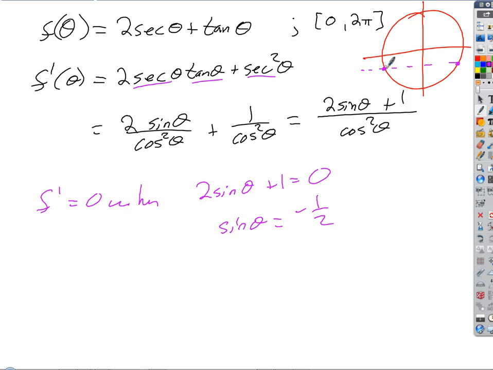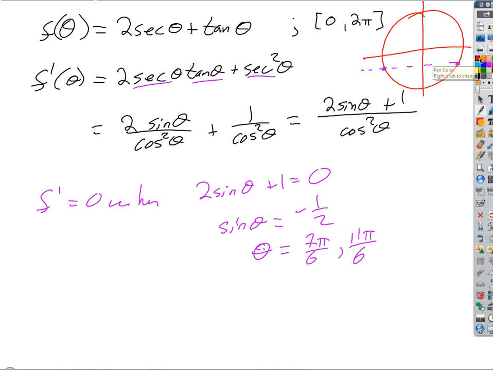Pi over 6, right? So that's just 7/6 pi. And this is how much less than 2 pi? Pi over 6. So that's 11/6 pi, right? Is that making sense? So then on our domain, that's at 7/6 pi and 11/6 pi, right?